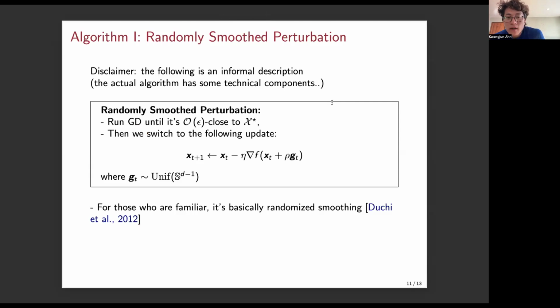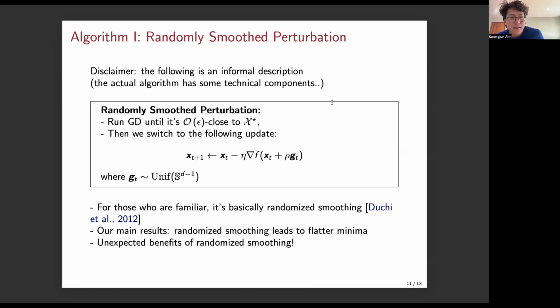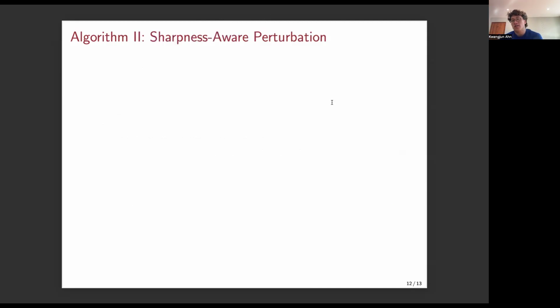For those who are familiar, this is nothing but randomized smoothing, the popular technique discussed in Duchi et al. from 2012, and has been extensively used in non-smooth optimization over the last decade. And our main results show that this kind of randomized smoothing operation actually leads to flatter minima, hence showing unexpected benefits of randomized smoothing. Okay, moving on to the second algorithm that we consider in the paper.